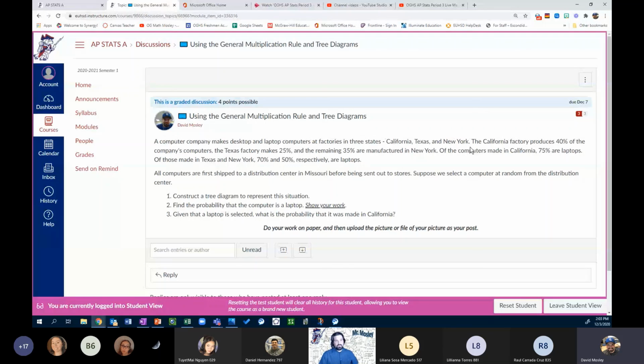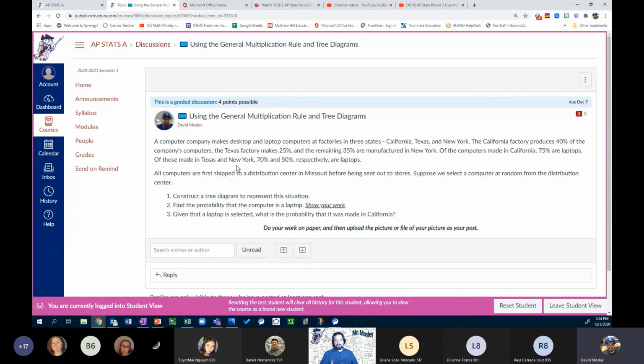California factory produces 40% of the company's computers. The Texas factory makes 25%, and New York makes 35%. Given the computers are made in California, 75% are laptops, implying that 25% are desktops.